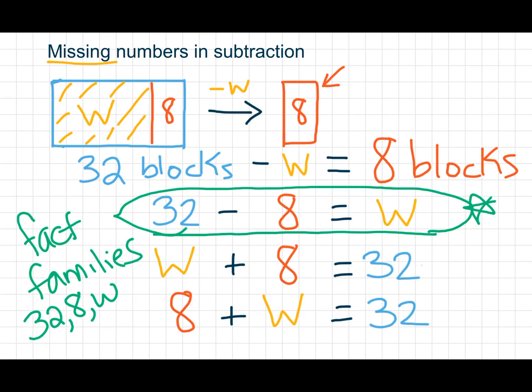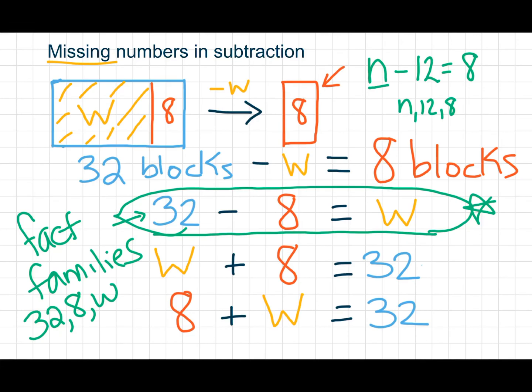You don't have to have this number. Let's say that you didn't know the number of blocks. So let's say it's an unknown n number of blocks minus, let's say, 12 blocks, and we get 8 blocks, okay? We still can see that the fact family here is n, 12, and 8, where n is the largest number, it's the whole number.